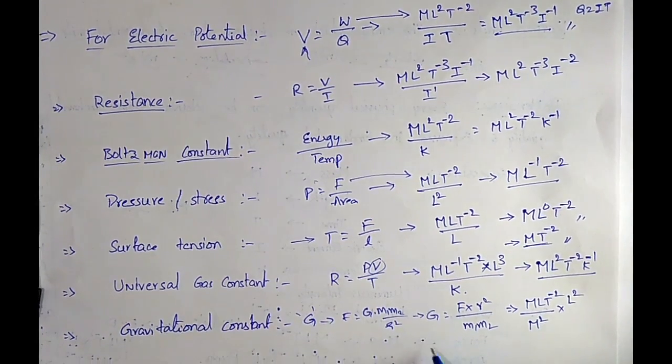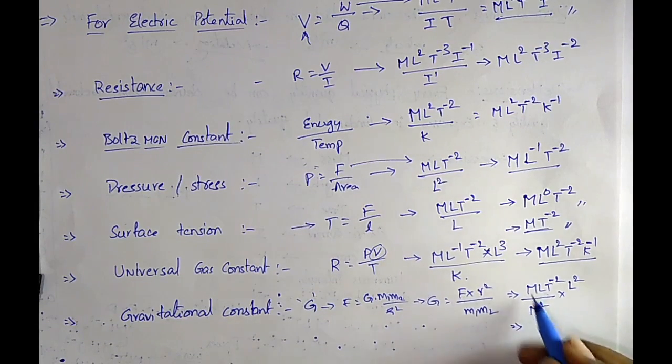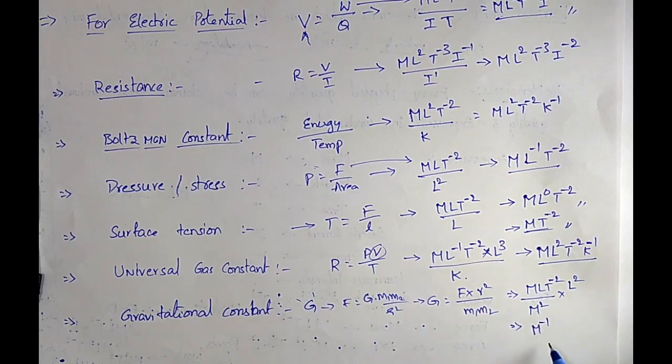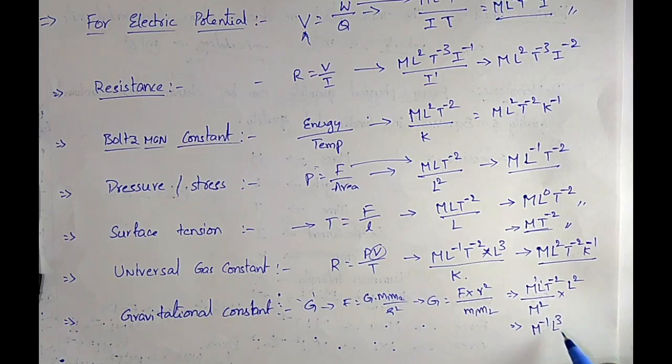That is equal to M power minus 1, here 1 and here 2, so 1 minus 2, that is M power minus 1, and L power 1 and L power 2, that is L power 3 and T power minus 2.